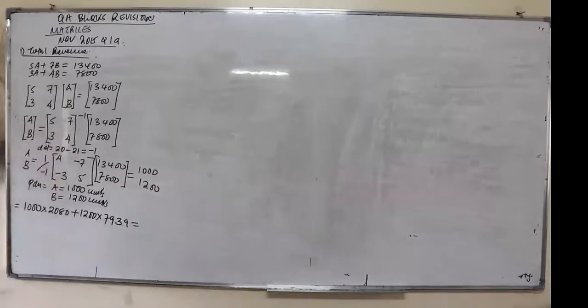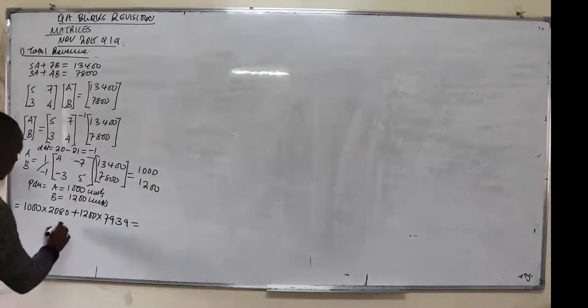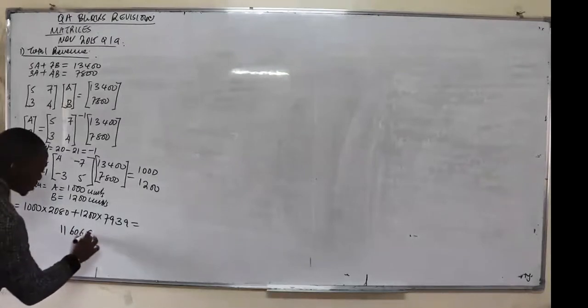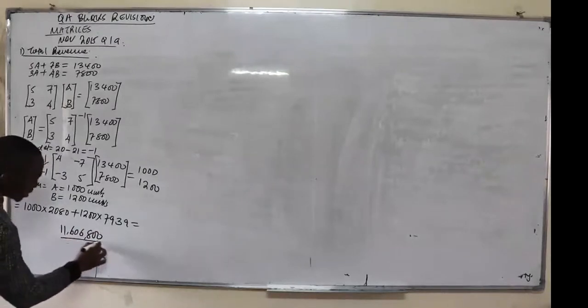So what do you get? You'll get 11,606,800.